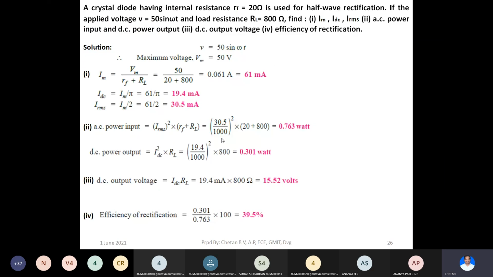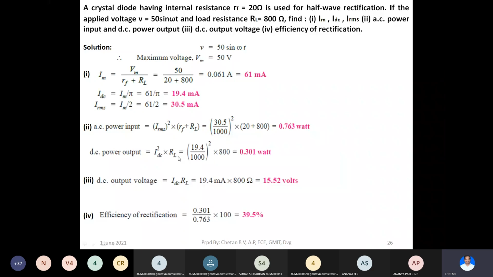So use that value, and Im is this one. You can either use that, or else you can substitute the value of IRMS square into the resistance. What is the value of this resistance? It is RF, 20, plus 800. So substitute this and you will get around 0.763 watt.